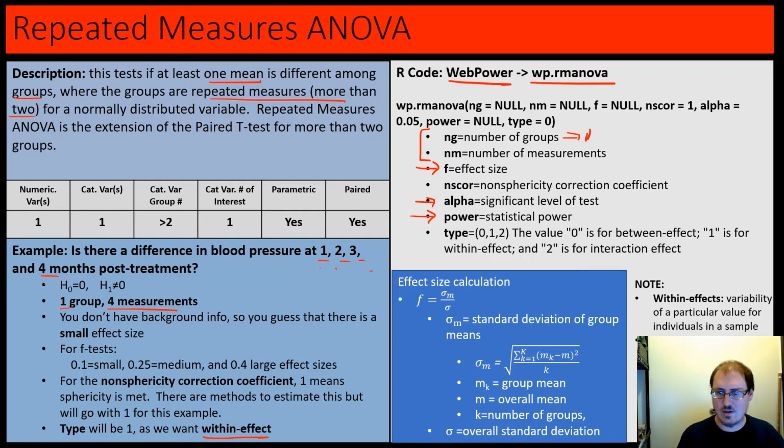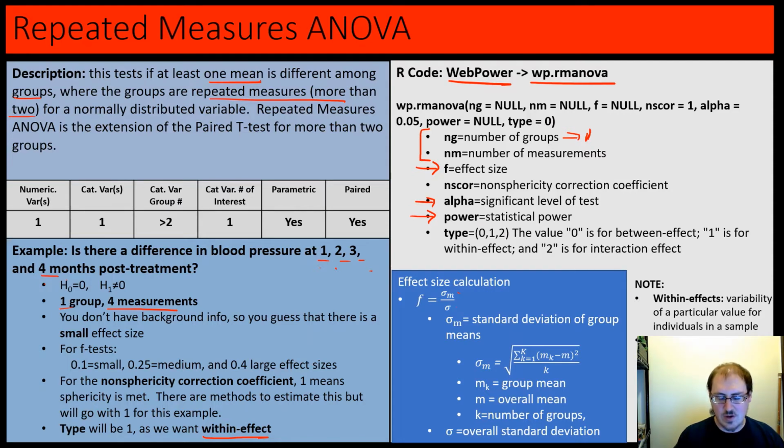So the effect size calculation has a bit more going on with it. It's the ratio of the standard deviation of group means and the overall standard deviation.